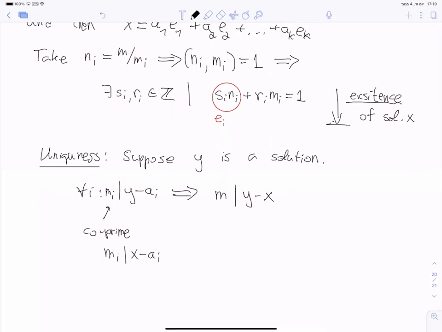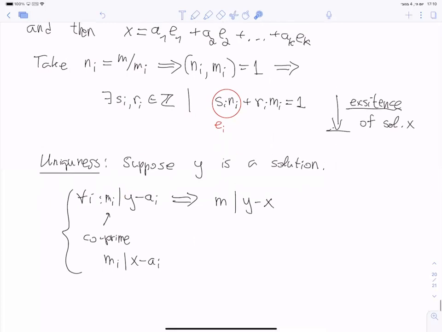So if all these divide both this one and this one, then M divides the gap.